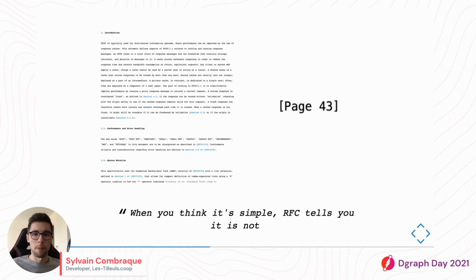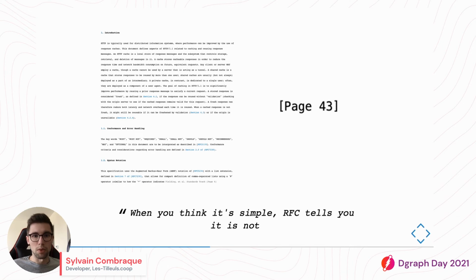And here is an example with the RFC 7234 single page, and there are 42 other pages. And that was a pain to support, but thanks to other developers that implemented it partially in the past, I could reuse their existing work.